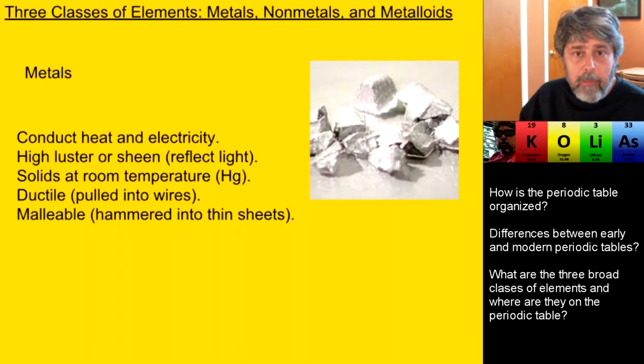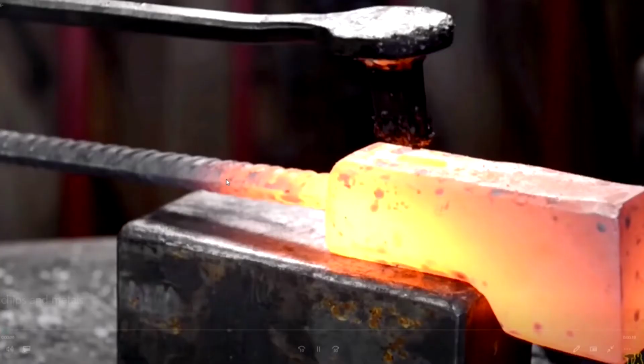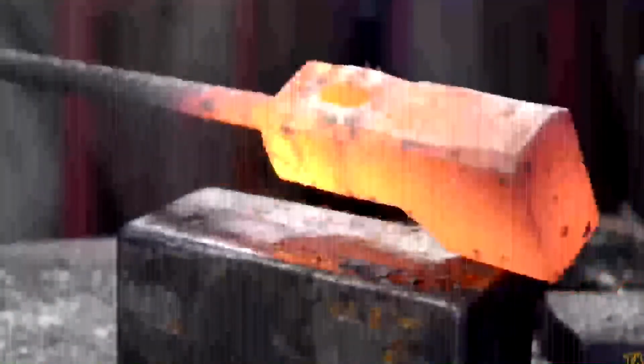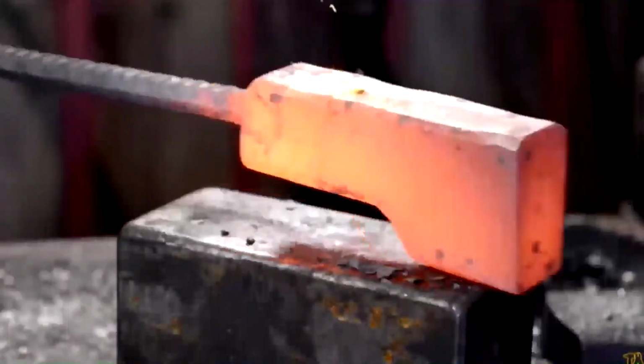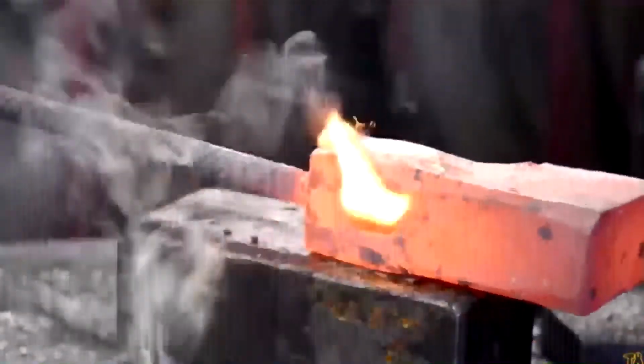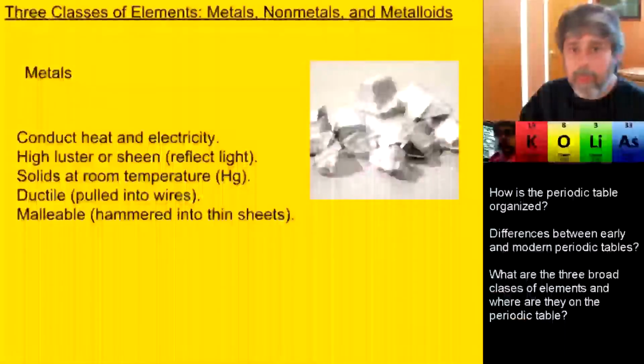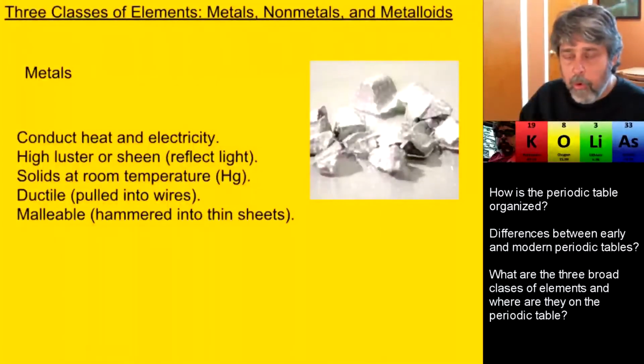They are ductile, meaning you can pull them into wires, which is how wires are formed. And they are malleable. They can be hammered into thin sheets or formed into pretty much anything you want by heating them up. This has been done for a really long time. Think about the ancient people who used to forge iron into weapons.